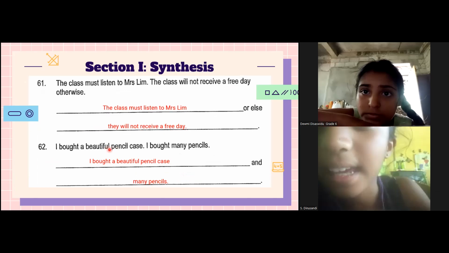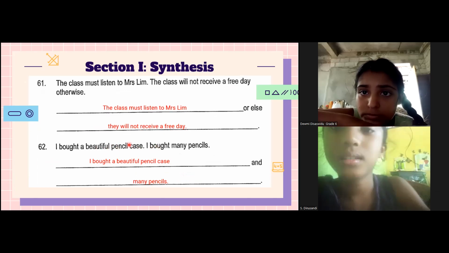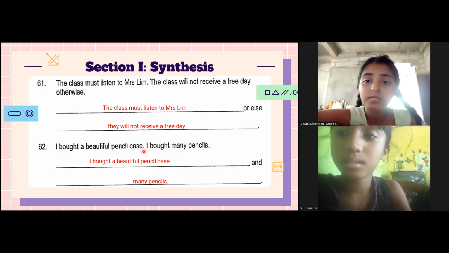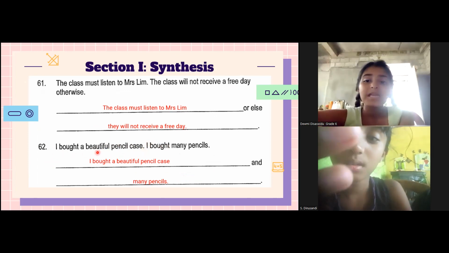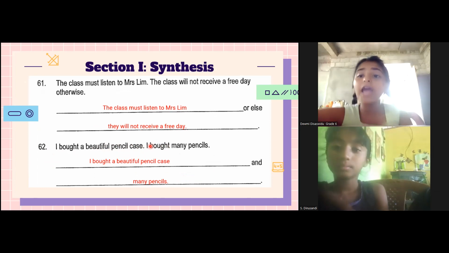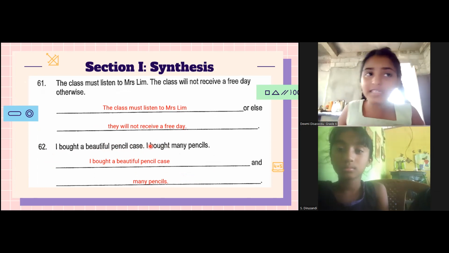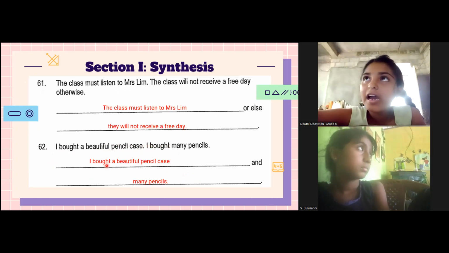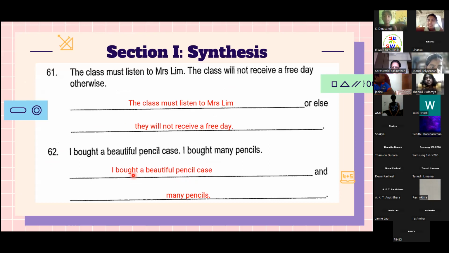Okay, so here when we join the two sentences together, we don't have to repeat the pronoun or the noun again. We have written "I bought" at the first of the sentence.